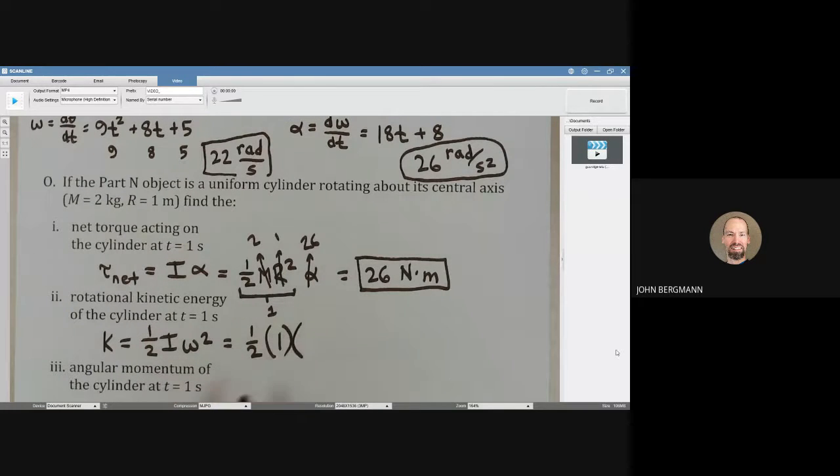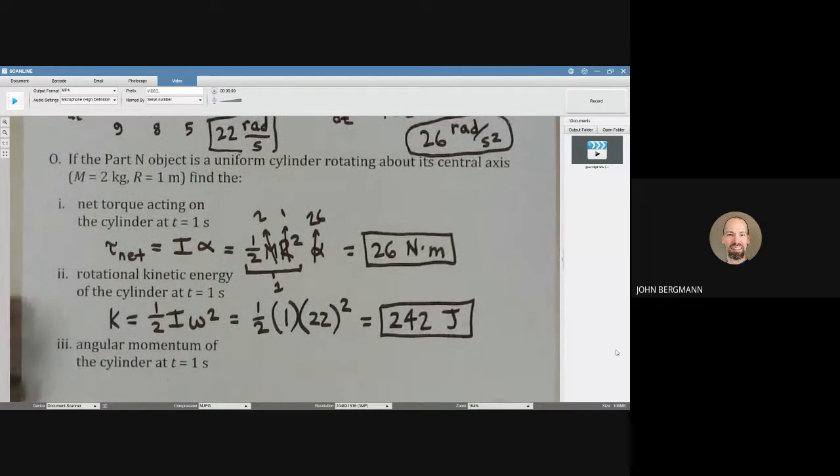And then omega squared, what was omega at time 1 second? Way up at the top of the screen on the left, 22. Square that. 22 squared is 484 divided by 2 is 242. 242 joules. Kinetic energy is in joules.